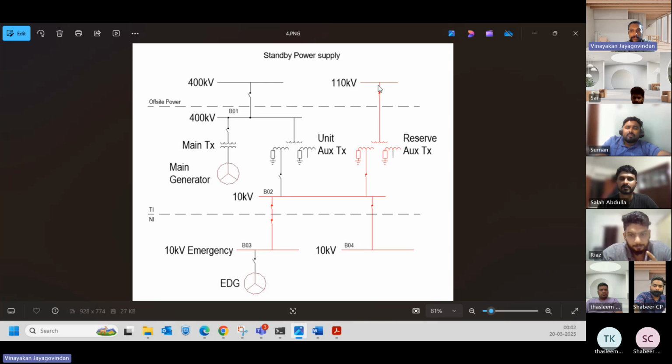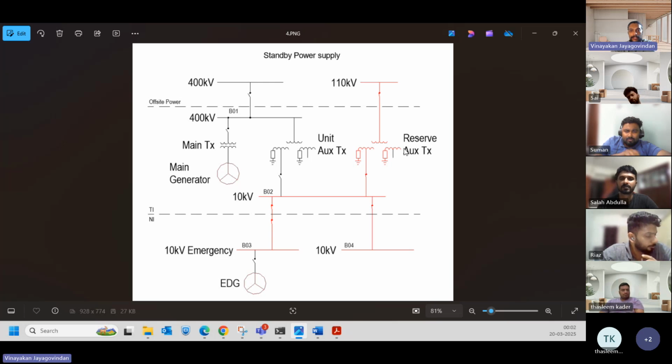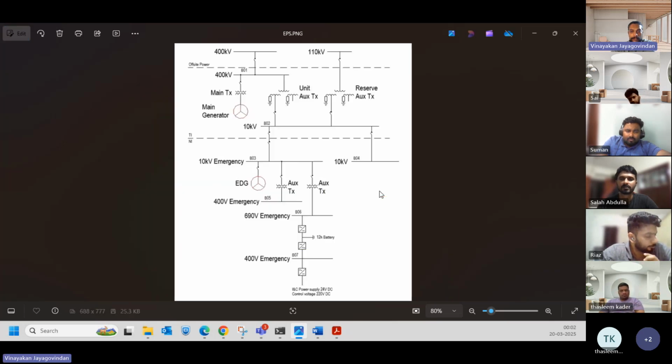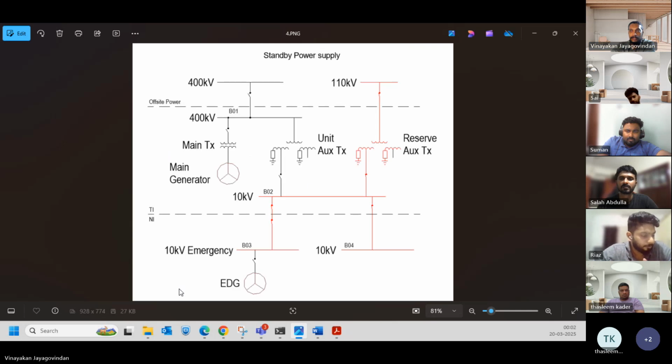We are using that 110 kV offsite grid to power our nuclear plant. So all other related power equipment is powered through this offsite grid, using this reserve auxiliary transformer. Hope it is clear.